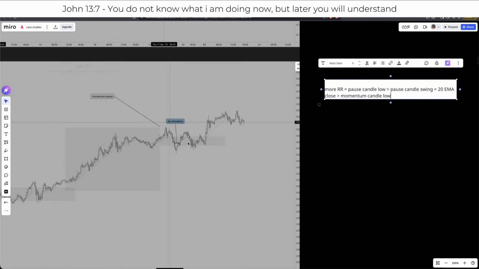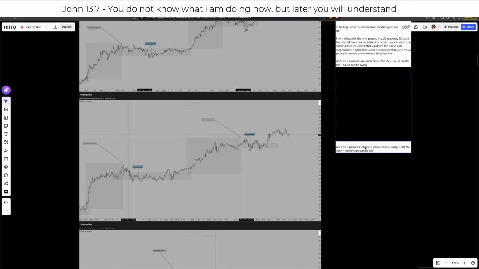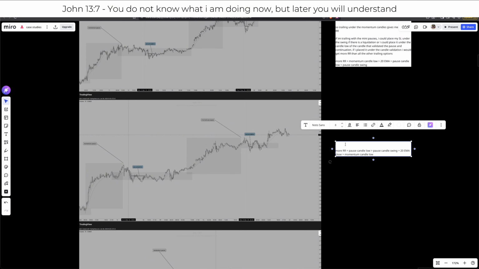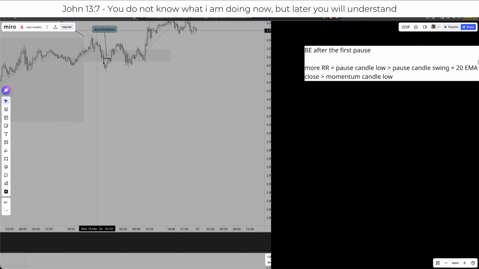And then break even, obviously we have the pauses in there. Break even after the pauses start to happen. So I think that the pause candle low is kind of gaining the momentum here. Able to break even after the first pause, because you know fractal, right?